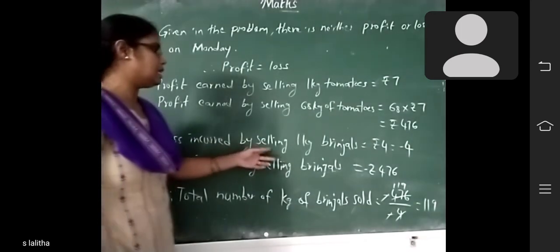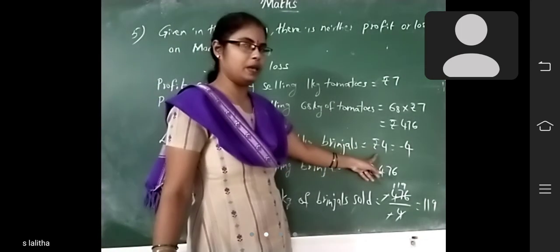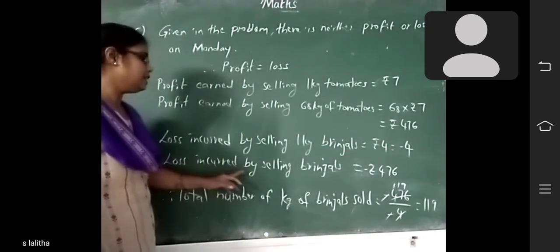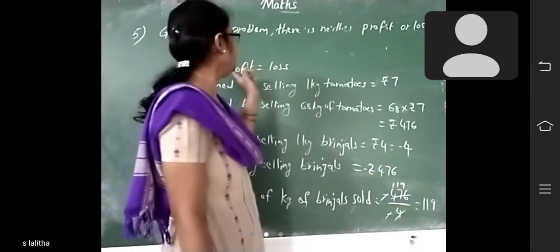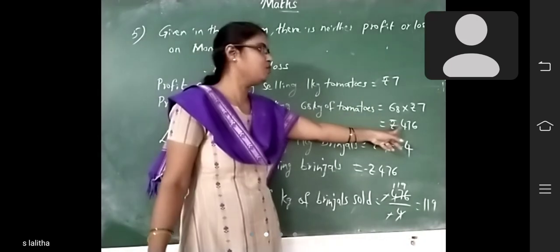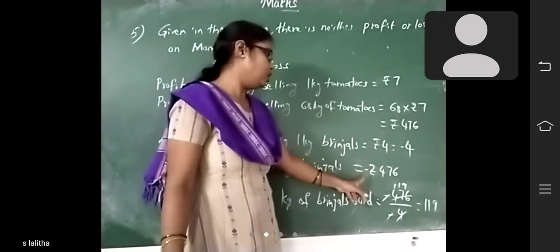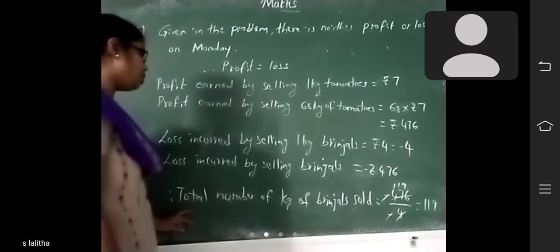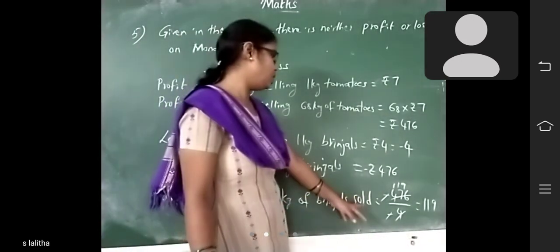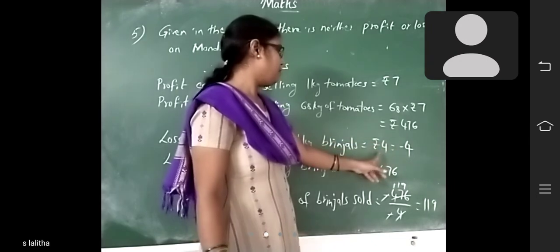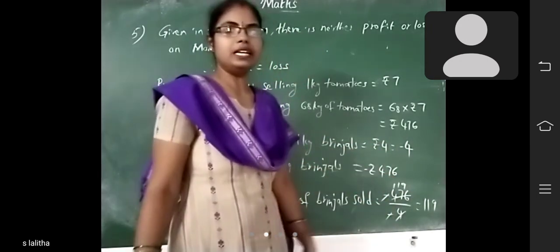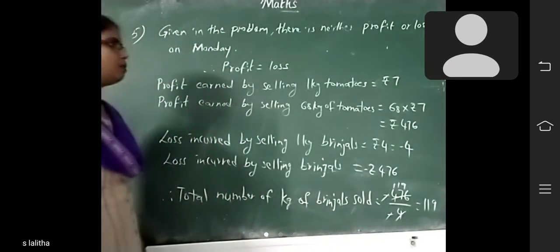Loss incurred by selling 1 kg brinjals is 4 rupees, so write minus 4. Profit equals loss, so loss is also minus 476 rupees. Total number of kgs of brinjals sold is total loss divided by loss per kg. So 476 by 4 is 119 kgs.